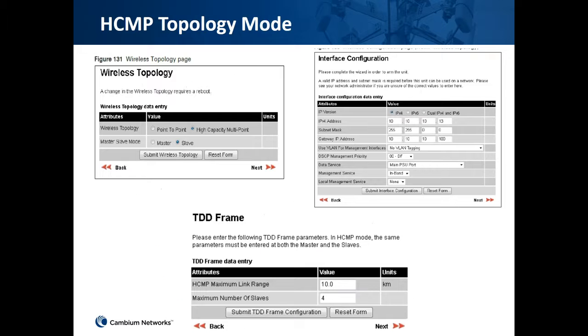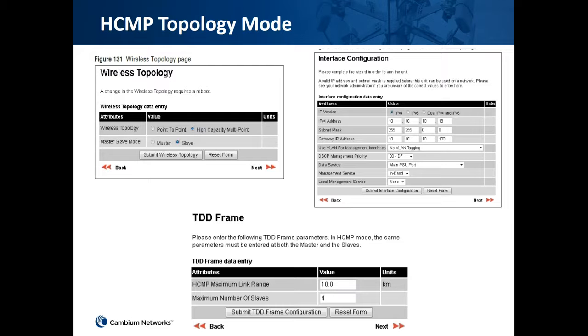Some things that you can see, this is a pictorial representation of how you would see it once you have the 670 and once you start playing with it. I'm pretty sure a lot of people are used to seeing just the point-to-point in the top left picture, where you just have point-to-point and you can set it as master or slave. In this, once you have the HCMP, you can set it as the master or the slave.